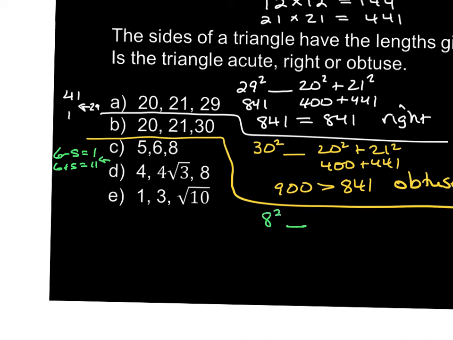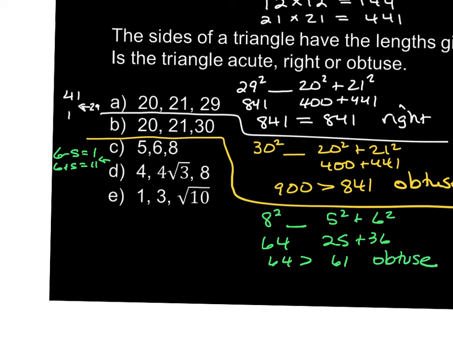Let's see what relation it has to the 5 squared plus 6 squared. 64. 25 plus 36 is 61, making c squared larger, so this one is obtuse. So without even measuring any angles, I can use the side lengths to decide what type of triangle this is.